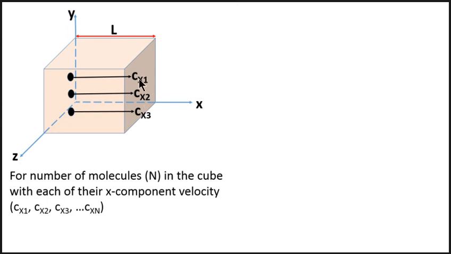If I find the square of each of the velocity here, that will be cx squared. Then I add them up. That's going to be cx1 squared, then cx2 squared, then cx3 squared. Okay, so adding them up will give me the resultant velocity.